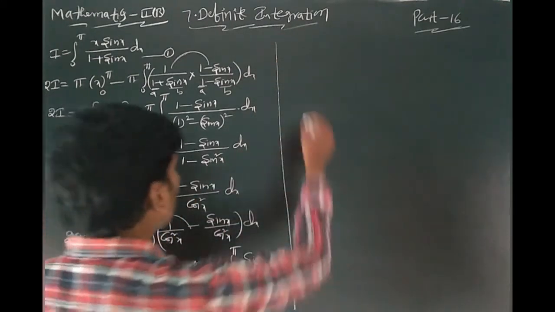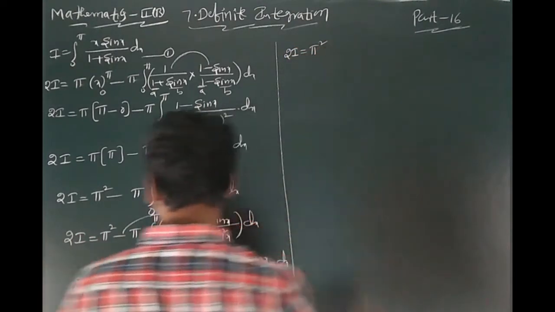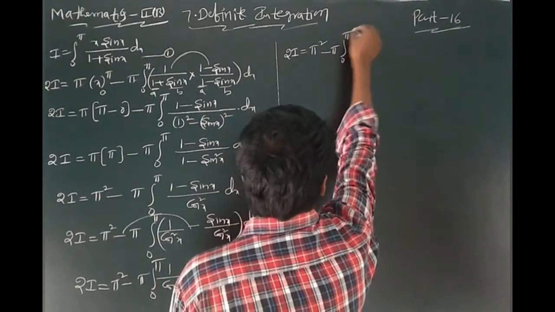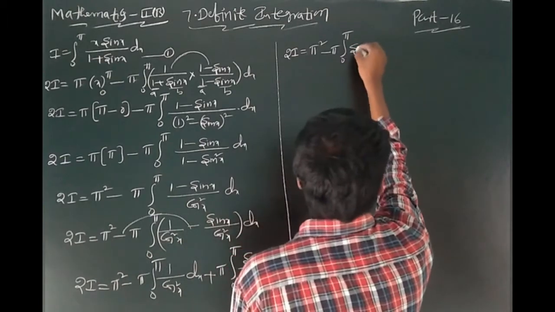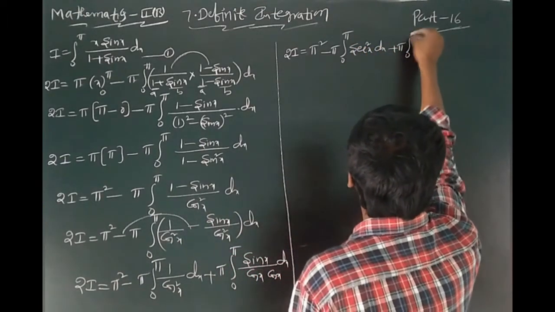Cos x into cos x, how much? Cos square x. Next, 2I is equal to pi square minus pi into integral 0 to pi, 1 by cos square x, nothing but secant square x dx, plus pi into integral 0 to pi.